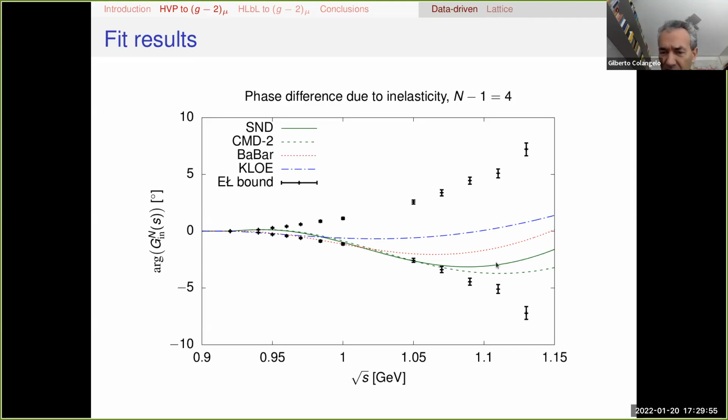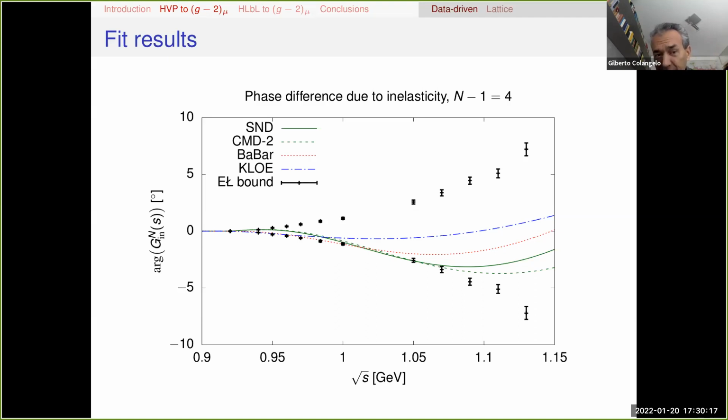And these are results of the fits we have done to different data sets imposing this constraint. And you see that the phase starts at the omega-pi threshold, and it's constrained to be small, to remain below 10 degrees, even as you go up to 1.15.